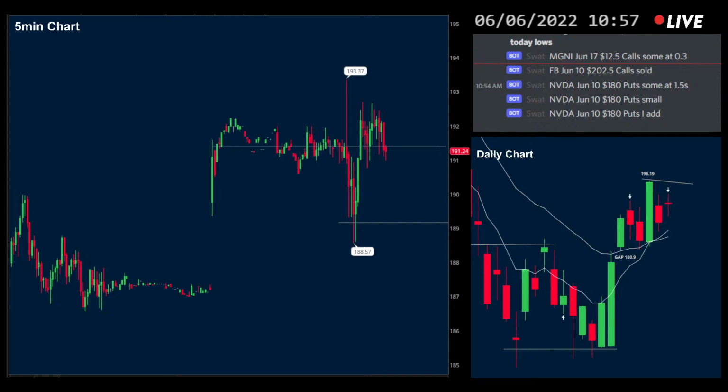Slow, very, very slow. Apple some more fading, but still not falling apart, still above 148.